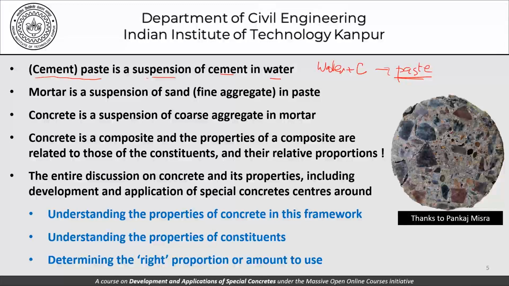Once we get this paste, what do we do? We add fine aggregate to it, and what we get is mortar. So mortar can be considered a suspension of sand in paste. Concrete is a step ahead, and that is really the suspension of coarse aggregates in mortar.